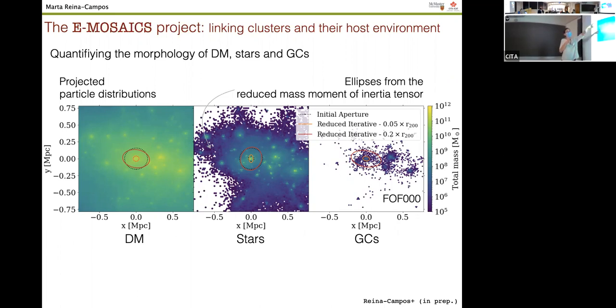When we calculate this mass moment of inertia tensor, we need to consider initial apertures at the beginning. I'm considering two: one at 5% R200 and the other at 20% R200, so that we can study the morphology of these distributions within the inner halo and at the outer halo.